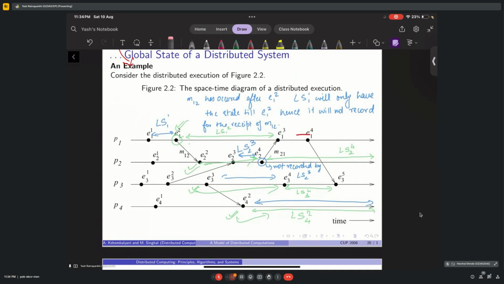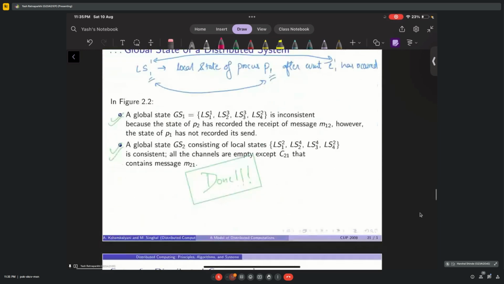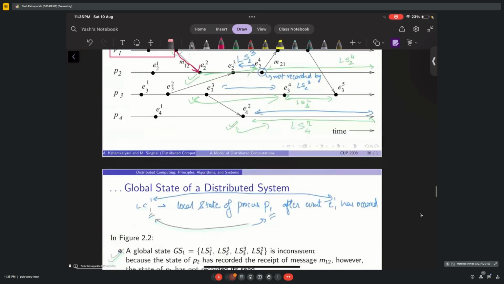See, if I write here LS11, what does this mean? LS11 is this whole state, this complete state, right? Correct. Now think of a scenario. This message has been sent after this, right? After this local state is registered. So the message, where it is consistent, how should I explain this to you?